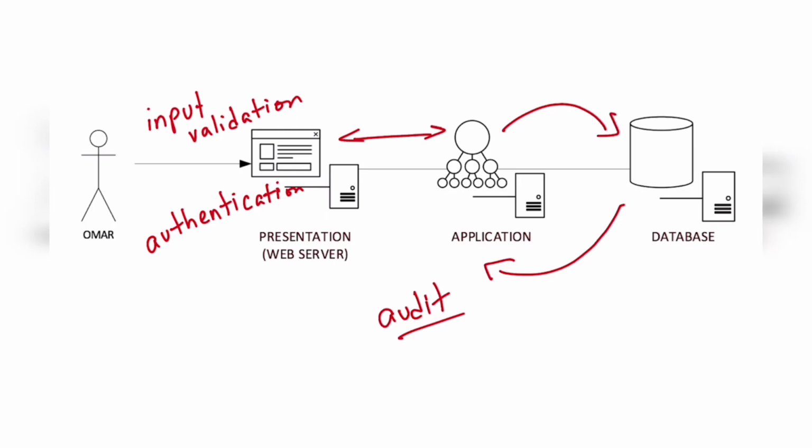Protecting these assets is an important part of any web application, and there are some key operational areas that must be included in the development process. This includes processes for authentication, authorization, asset handling, input validation, logging, and auditing. And you're going to be learning all of these throughout this course.